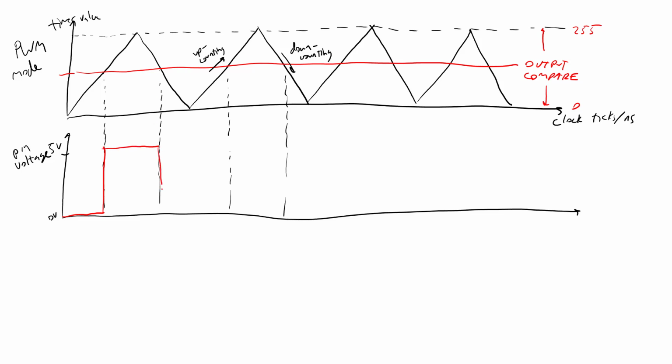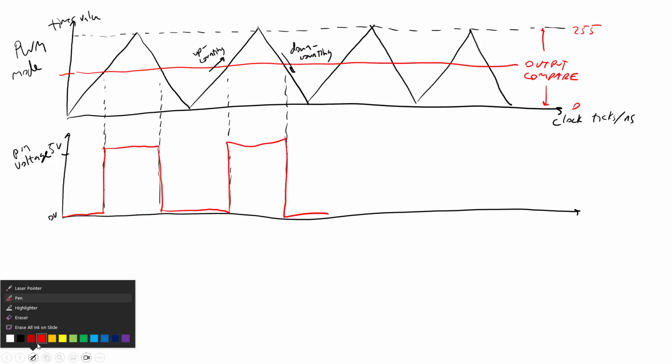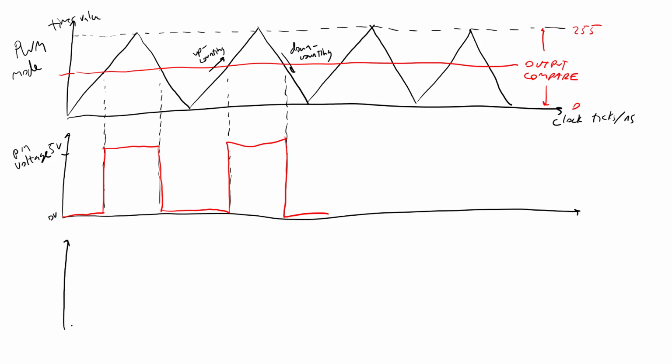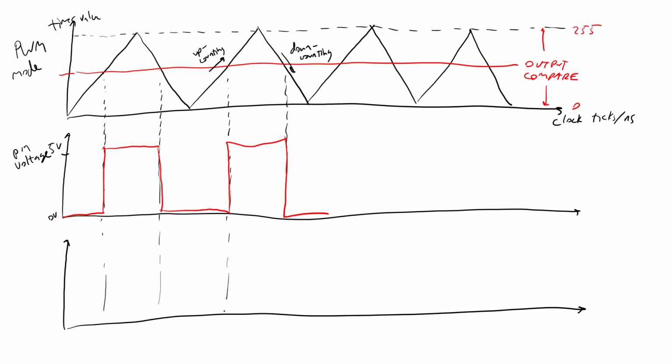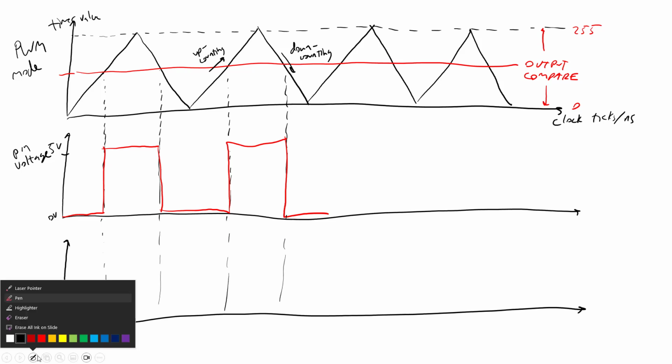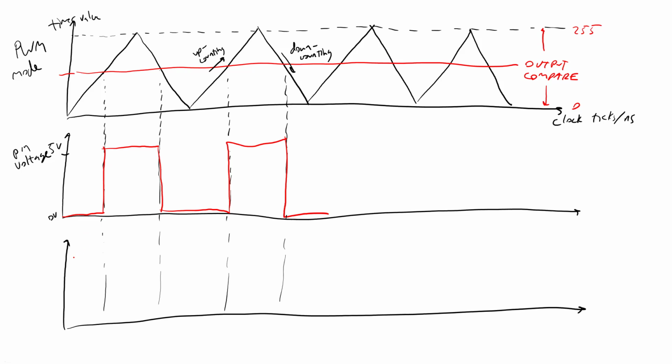It's going to wait until the next cross, go down, so on. So I'm not going to draw all of them, but you get the idea. Or if the pin value starts out high, and we'll talk about later how you can choose between these two options, then it's going to do the opposite. So here, pin value is going to start high at 5 volts. That's going to cross.